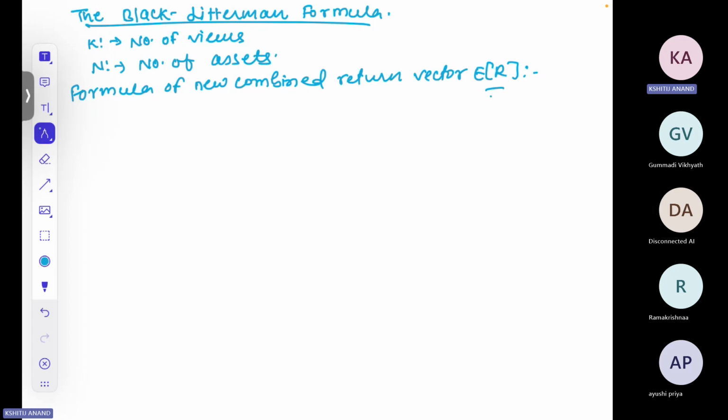So let us just see the formula. The expected return over here is a bit long, but everything will become easy after we discuss it in detail.